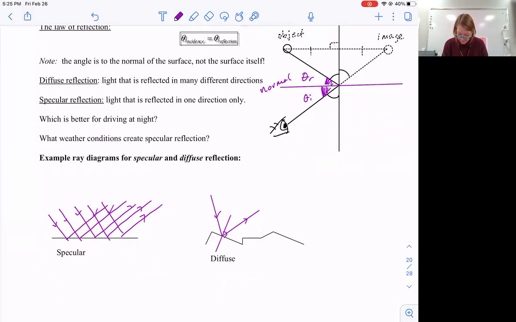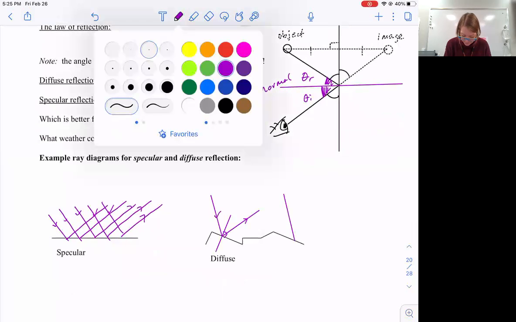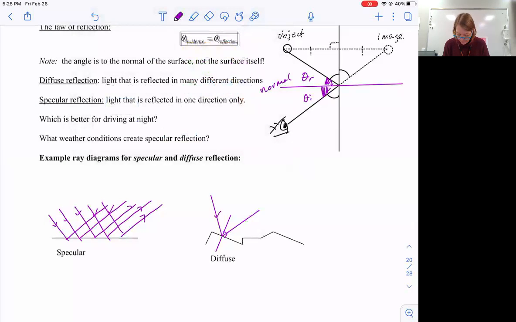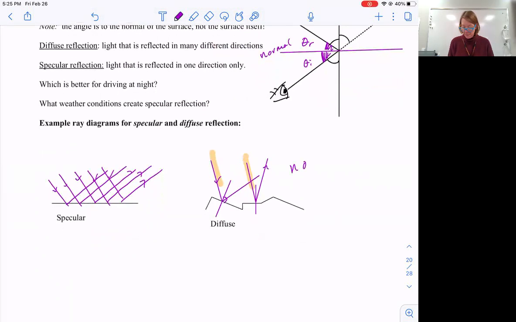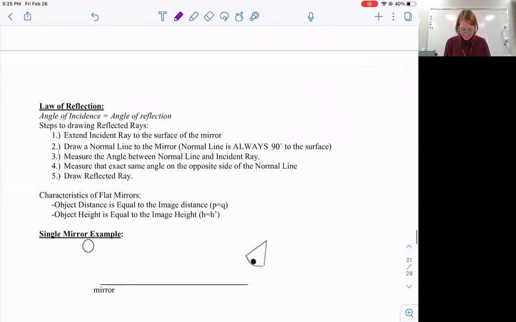But if a parallel light ray comes in and hits this surface, so I'm saying these two light rays are parallel, they're not going to bounce off parallel, are they? Because we're still going to obey the law of reflection. So the reflected ray is not parallel to the other one. And so we don't get an image. Can't see yourself in a rough surface.